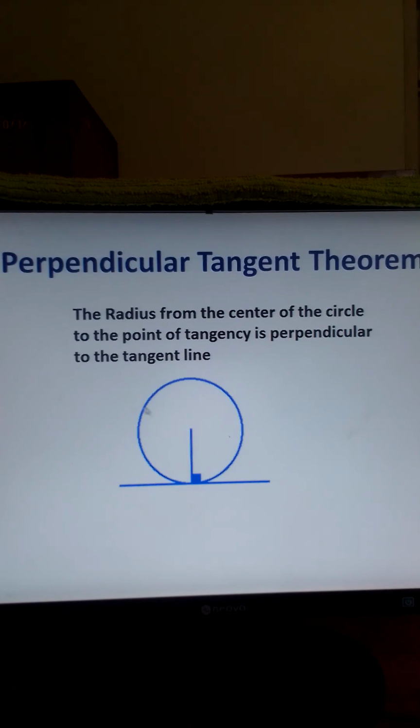So the theorem says that the radius from the center of the circle, this radius, to the point of tangency is perpendicular to the tangent line. So at the point of tangency, the radius is perpendicular to this tangent. So the angle formed is a right angle, 90 degrees.